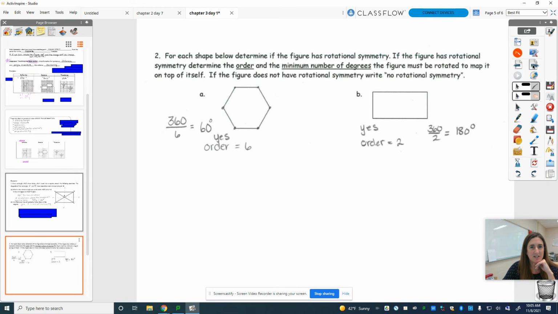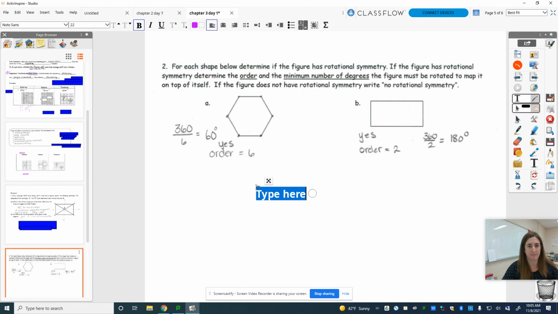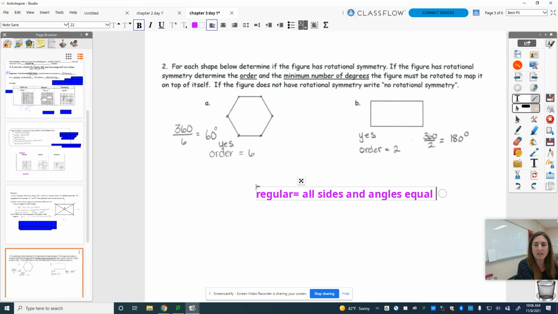Okay, next, we've got for each shape below, determine if it has rotational symmetry. So I like to look at the shape, and if it's something called regular, okay, so regular in a shape means all sides and angles equal in measure.